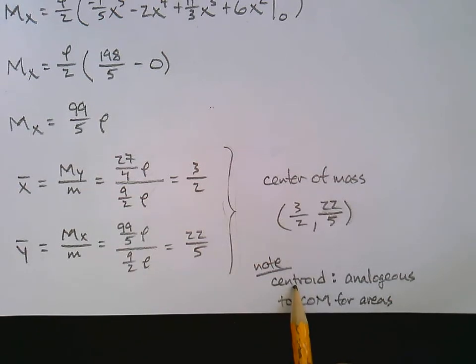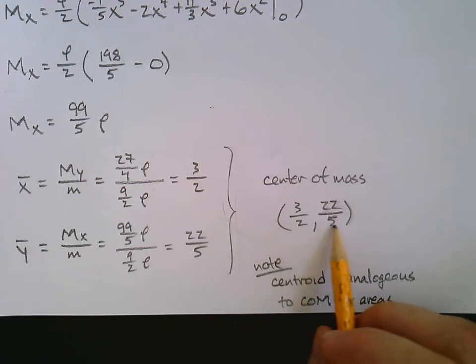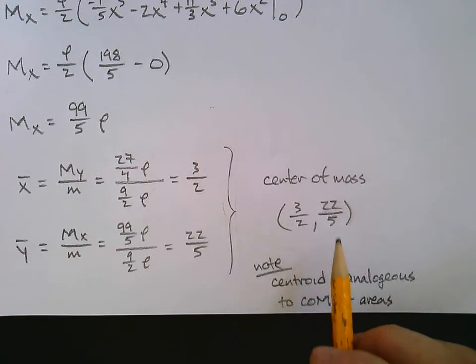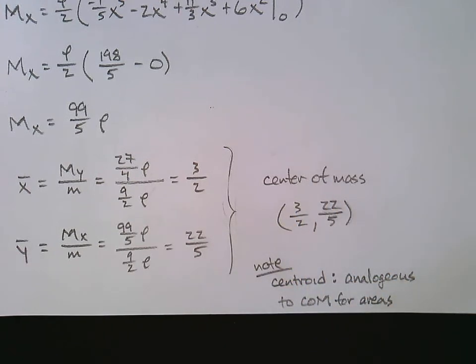A centroid is when you're thinking it's simply an area. So if you're not thinking of it as having a density, then you would go through all the same steps, but you would think of your answer as a centroid, as opposed to a center of mass. And so we should point that out.